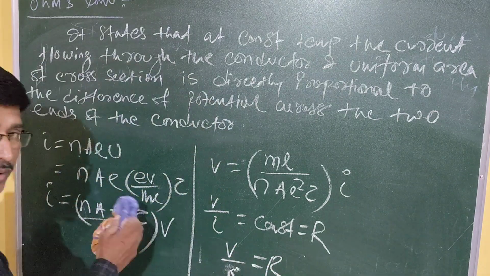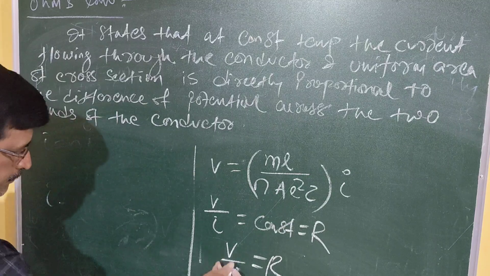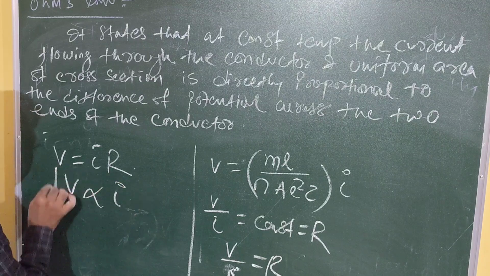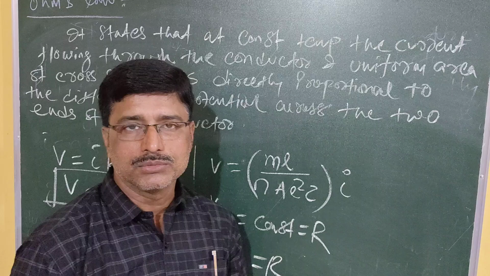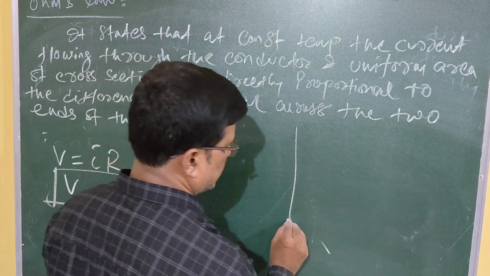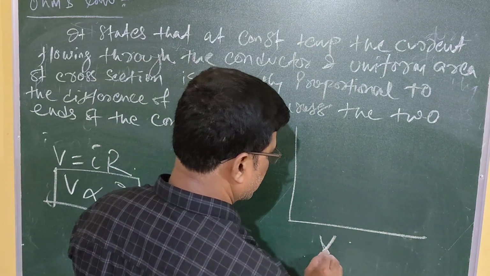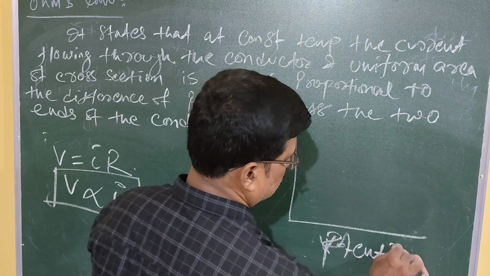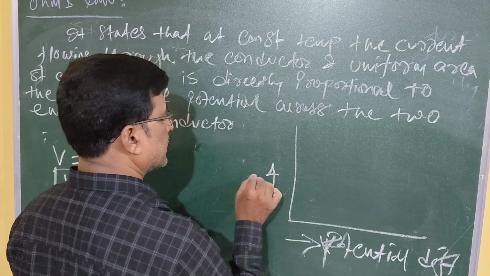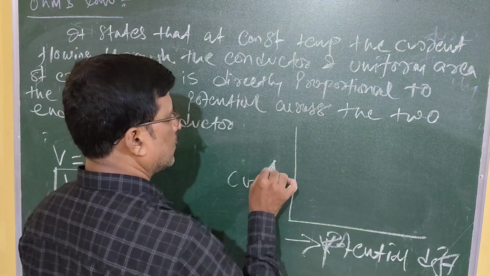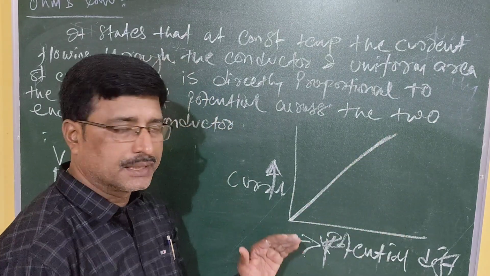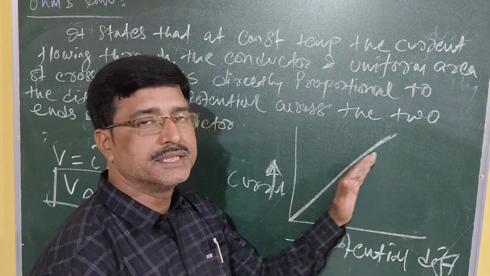Or we can say V is equal to I into R, or V is proportional to I, which is our Ohm's law. It shows that if we maintain a potential difference across the conductor and plot potential difference along the x-axis and current along the y-axis, we find a straight line, which shows that as long as the potential difference is maintained, the current is increasing.